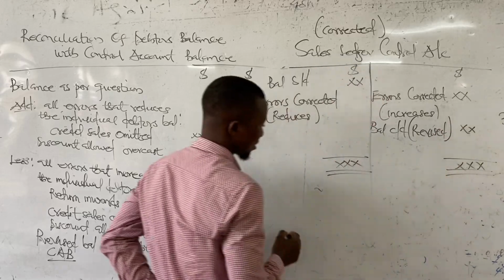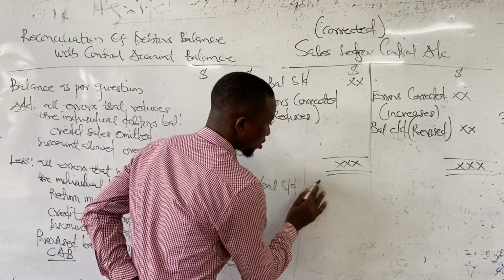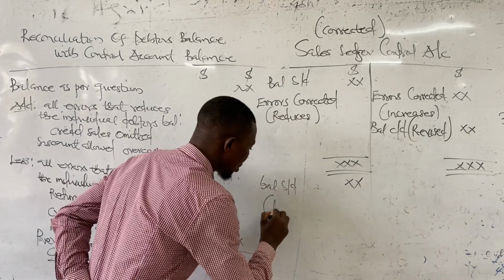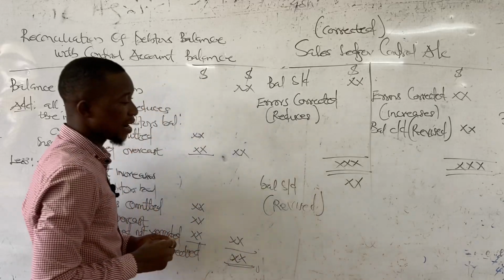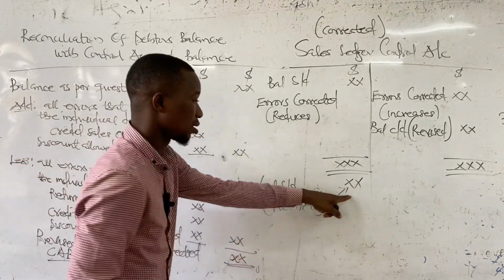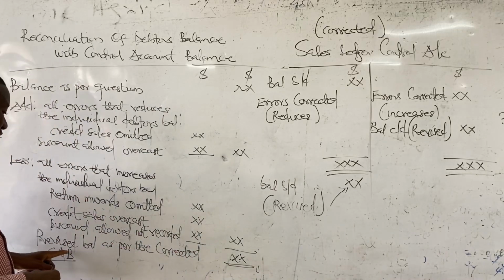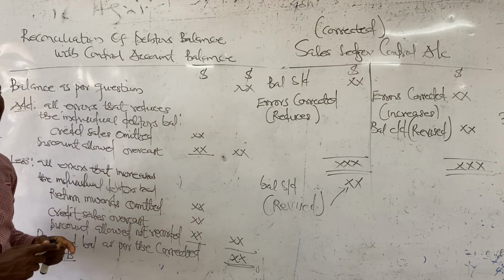The revised balance. So you have another balance brought down, and this balance brought down is also the revised one. And this revised balance I'm talking about here must be the same as the revised balance we ascertained on the reconciliation of the debtors balance.